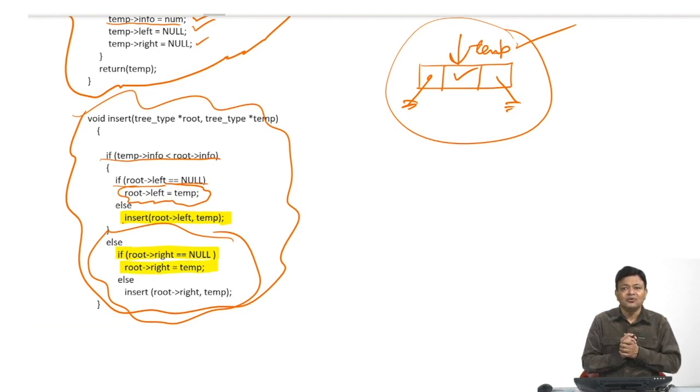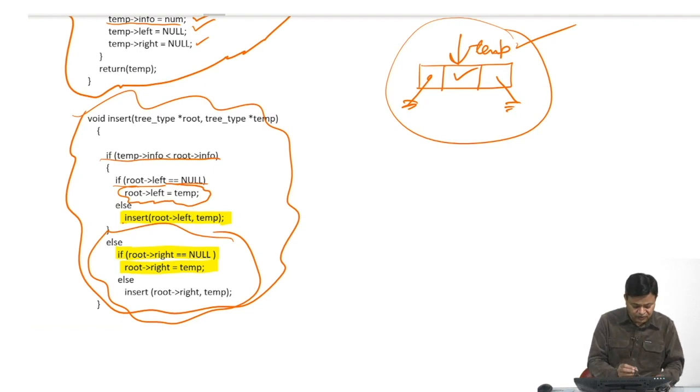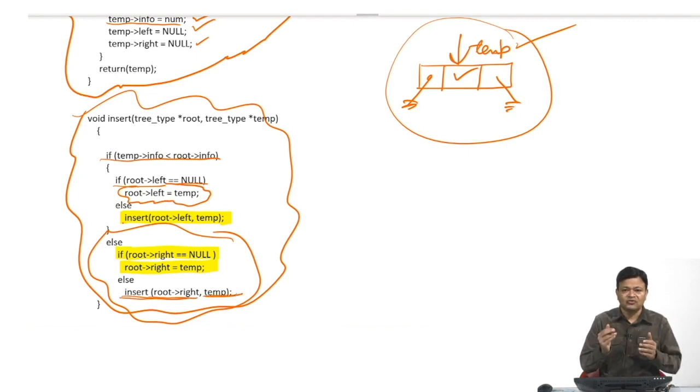Otherwise, I again recursively call the insert function with root arrow right and temp. It means for the new insert function, root will be equal to root right, and again I will be doing the same thing. So, that is how my insert function works.